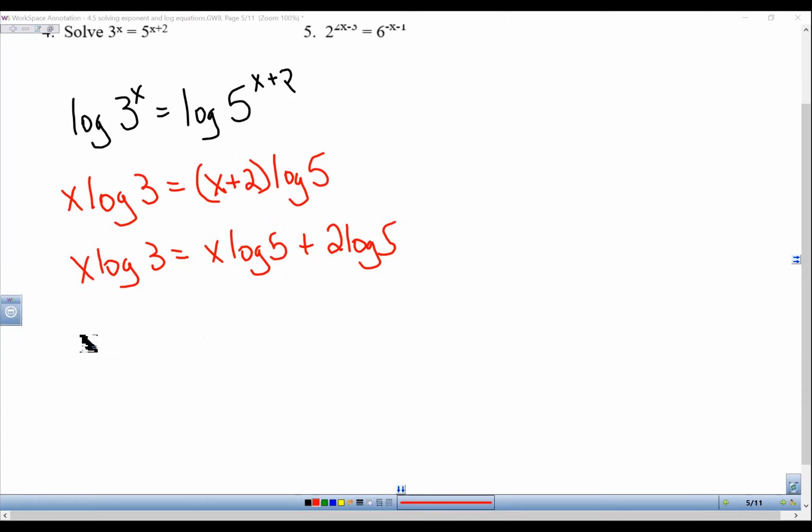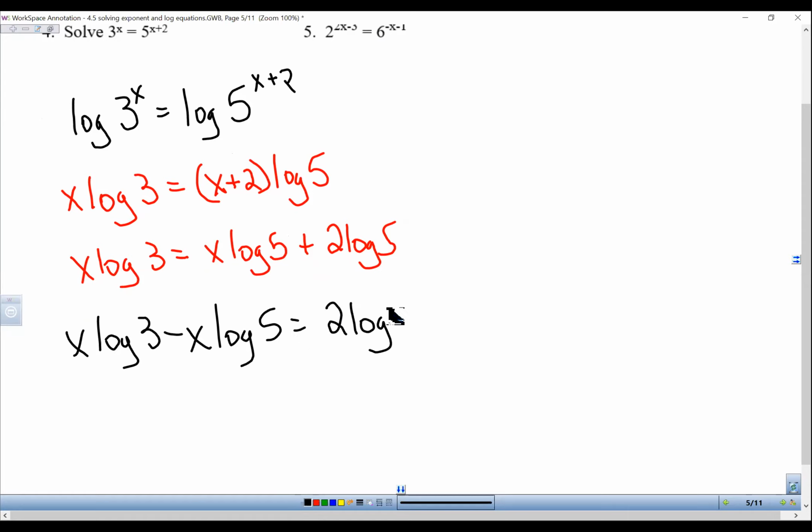So that's going to give us x log 3 minus x log 5 equals 2 log 5. Okay. So both of these have a factor of x, so we can factor that out. So this is x times log 3 minus log 5 equals 2 log 5.